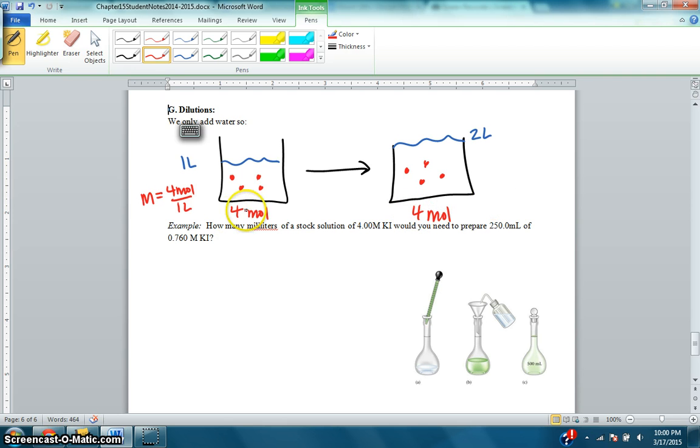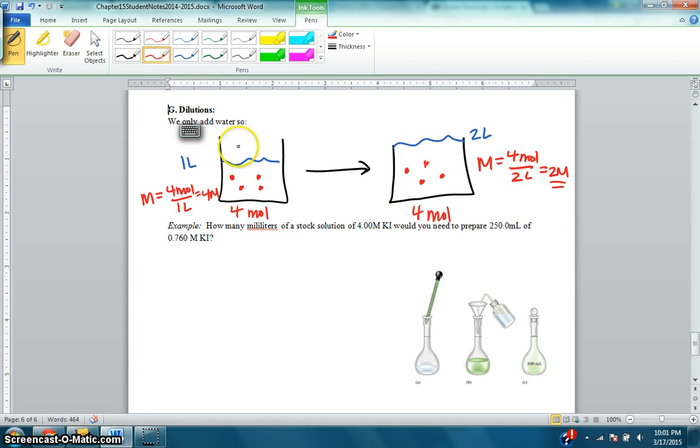So if we think about the concentration, it's now 4 moles over 2 liters, which gets us to a 2 molar. So what you can see is that my husband, by adding the water, has decreased the concentration by half.